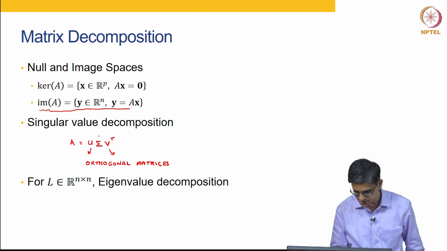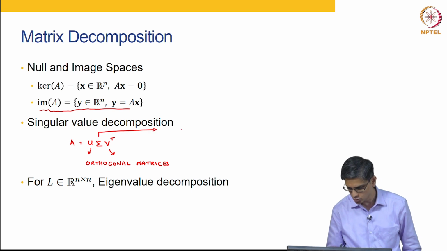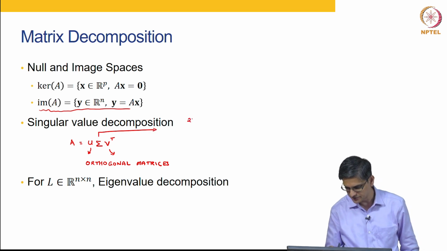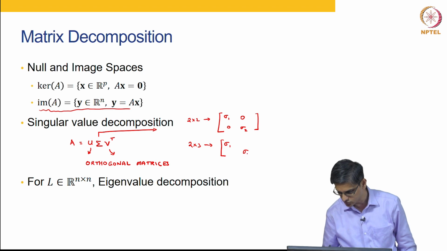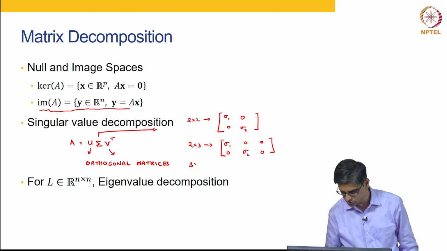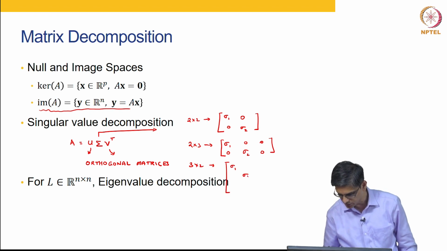And sigma, so let us say we have a 2 by 2 system, then sigma is going to be sigma 1, sigma 2, 0, 0. If it is a 2 by 3 system, then it is going to be sigma 1, sigma 2, 0, 0, 0, 0. If it is a 3 by 2 system, for example, it is going to be sigma 1, sigma 2, 0, 0, 0, 0.